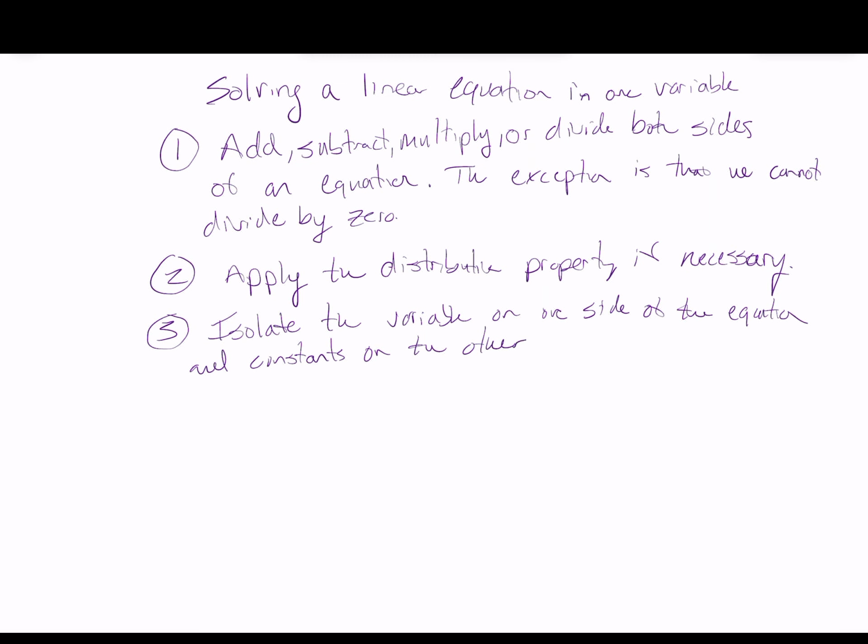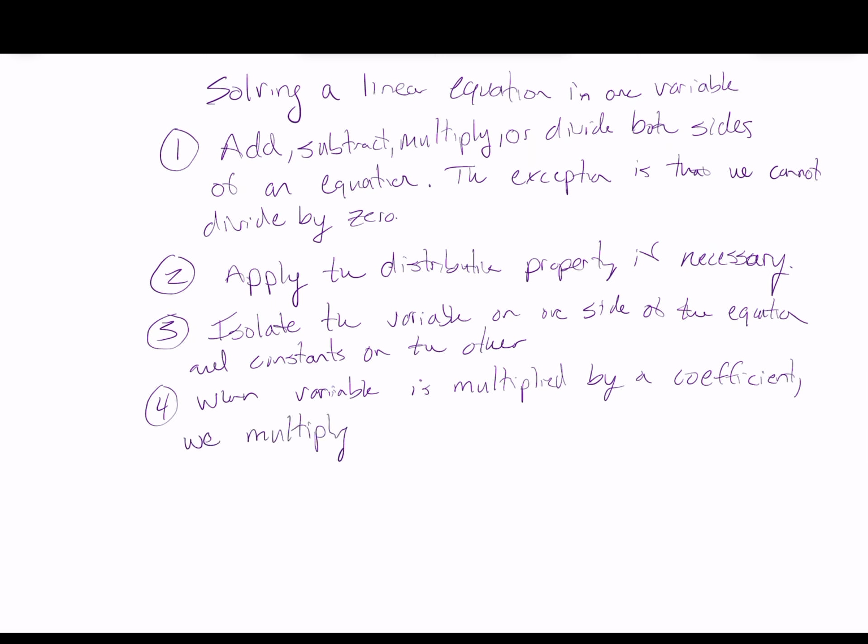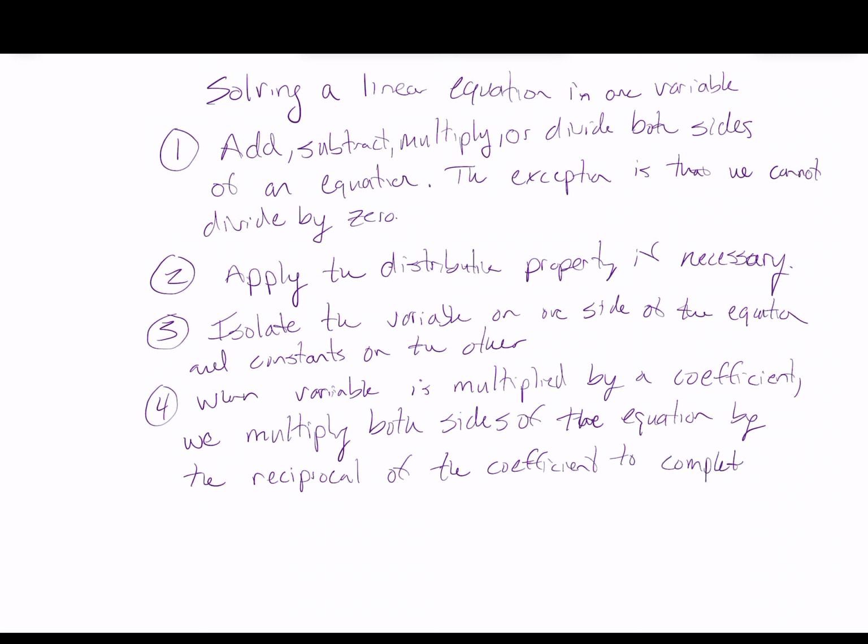And finally, when the variable is multiplied by a coefficient, we multiply both sides of the equation by the reciprocal of the coefficient to complete the solving process.